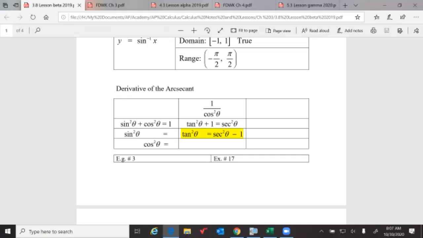Then what? I take this term, 1 over cosine squared, and distribute it over this. So when you do this, you would have sine squared over cosine squared. Well, sine over cosine is tangent, so sine squared over cosine squared would be tangent squared.